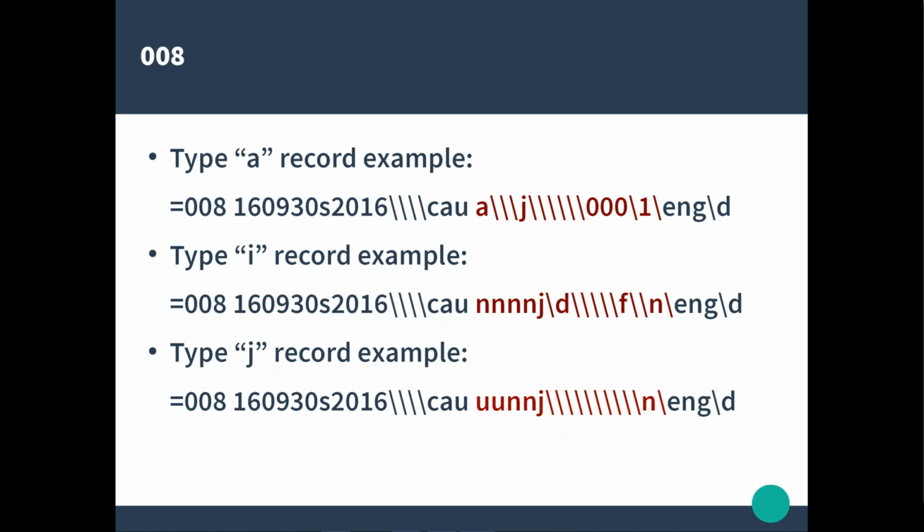So all of that stays the same whether it's a type A, I, or J record. It's really this second half that changes, and all I want you to see here is that variation. Again, in the next session, we'll go over what all of this actually means. For the moment, I just want you to see how different they look based on the record type.